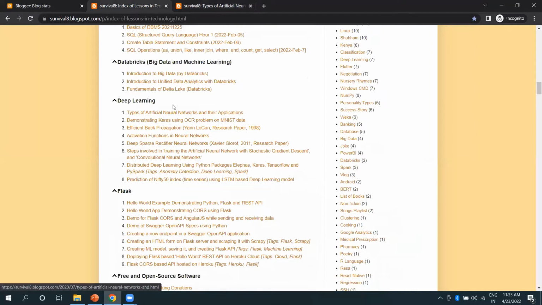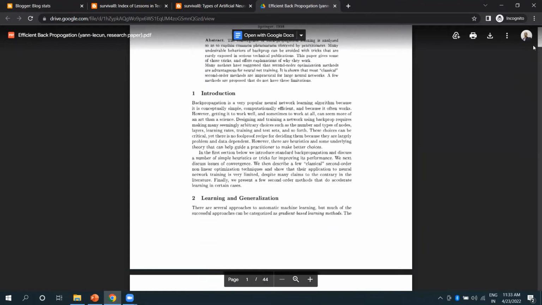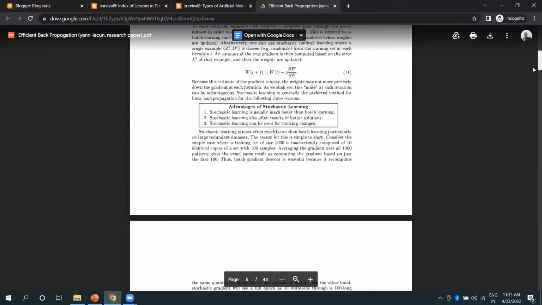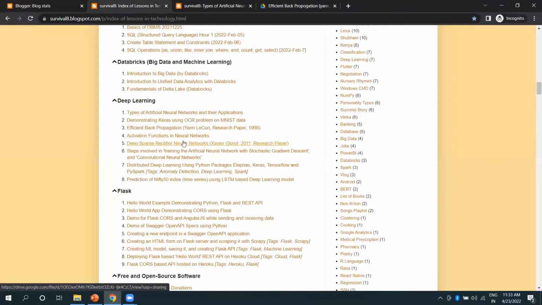But there are a couple of things that you should be aware of. There is this backpropagation paper by this fellow, Yann LeCun, and it explains backpropagation very clearly. If you want, I can explain that too.